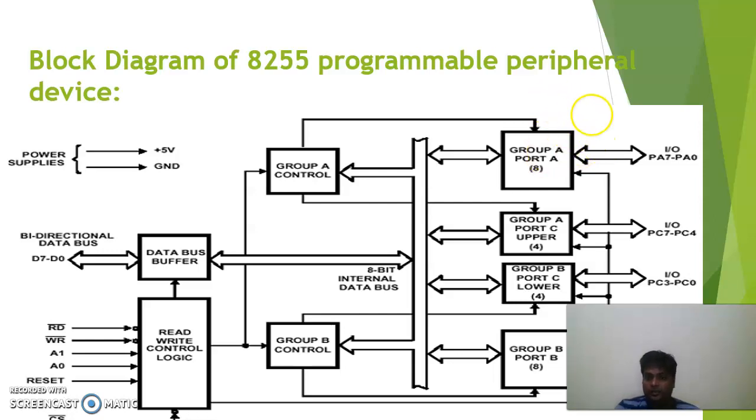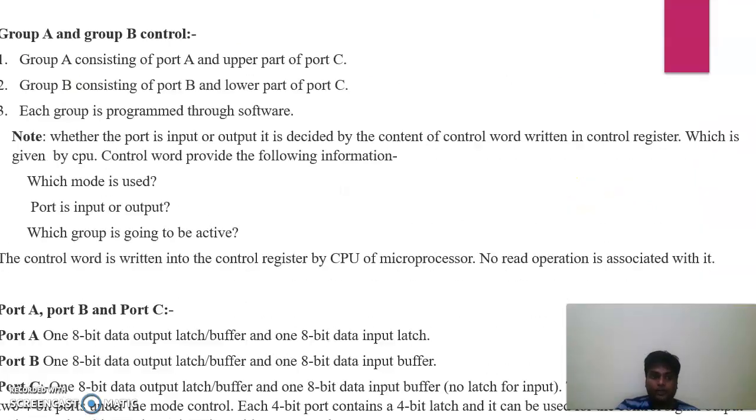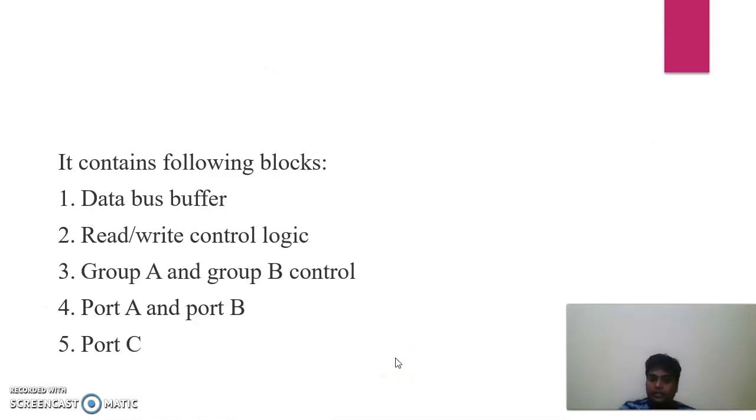Port B contains 8 lines for input buffer and output latch. Port A basically has one 8-bit data output latch buffer and one 8-bit data input latch. Port B has one 8-bit data output latch buffer and one 8-bit data input buffer. Okay, is it clear to all?